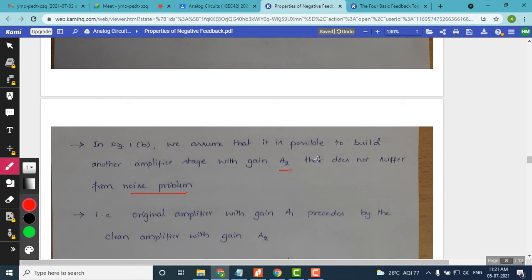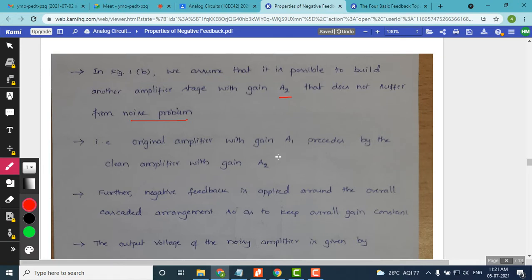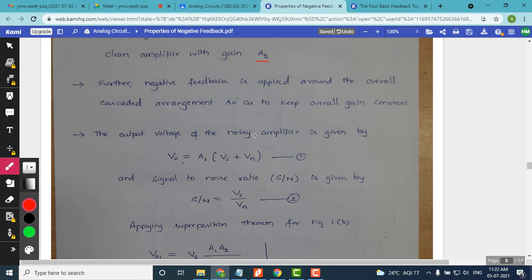If you are able to build an amplifier with gain A2 which does not have any noise problem, it can be preceded by the amplifier with noise, the original amplifier with gain A1, which precedes a clean amplifier with gain A2. Further, negative feedback is applied around the overall cascaded arrangement that you have seen in the block diagram, so as to keep the overall gain constant.